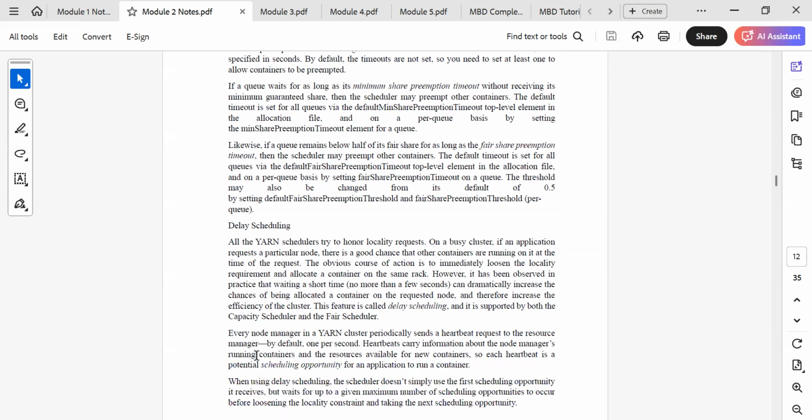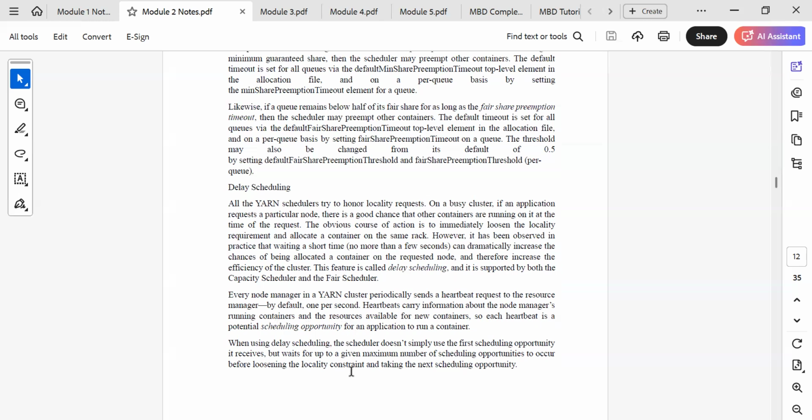Every node manager in a YARN cluster periodically sends a heartbeat request to the resource manager, by default one per second. Heartbeats carry information about the node manager's running containers and the resources available for new containers. So each heartbeat is a potential scheduling opportunity for an application to run a container.